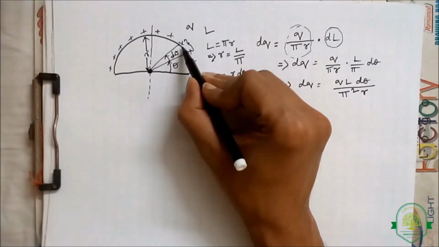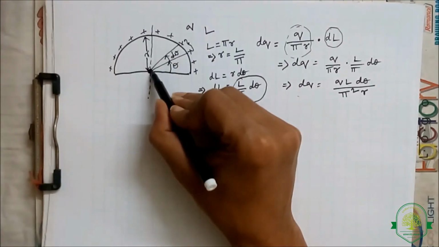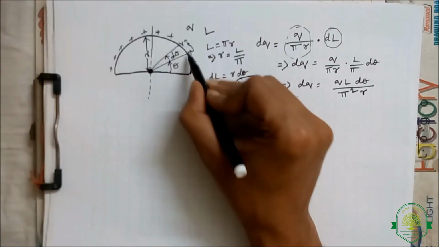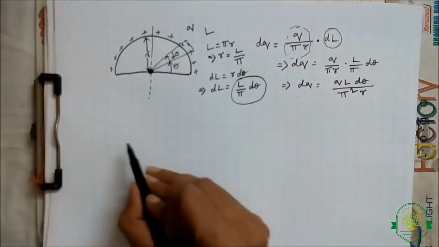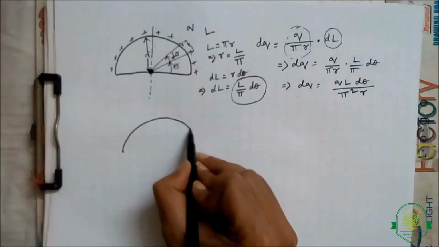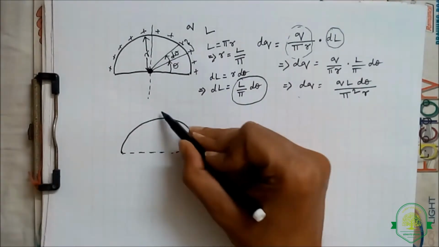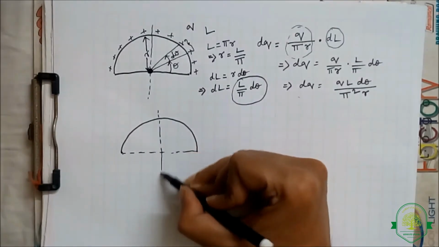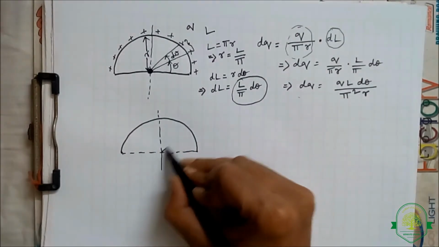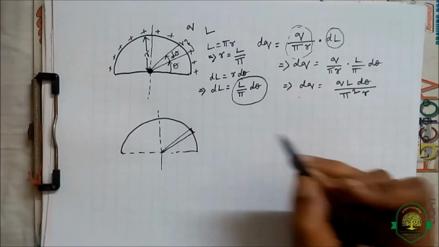So now we can figure out how much electric field is created at this point due to this small charge dq. Let me make the diagram one more time. So say this is the portion of the wire we are interested in.